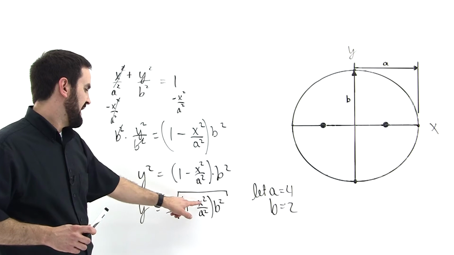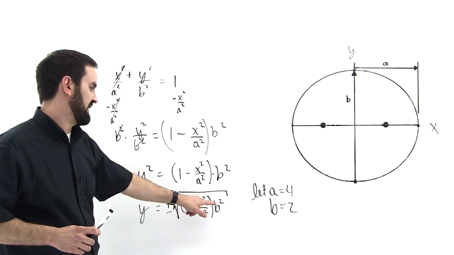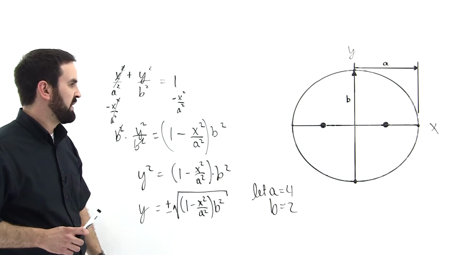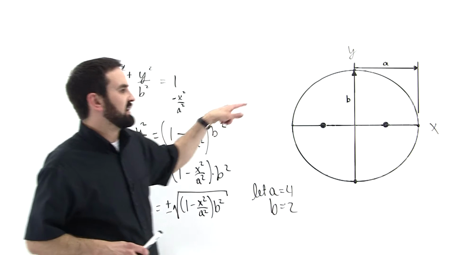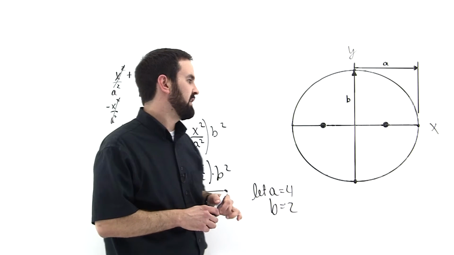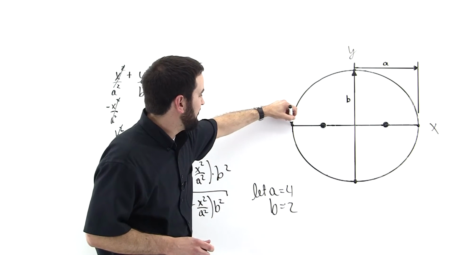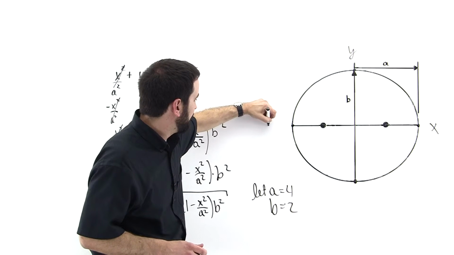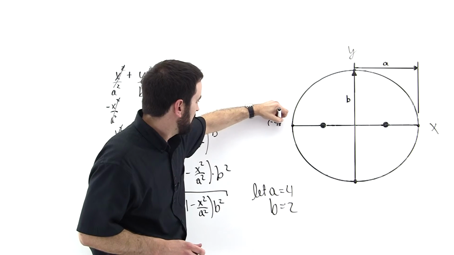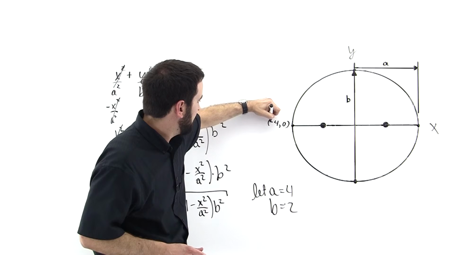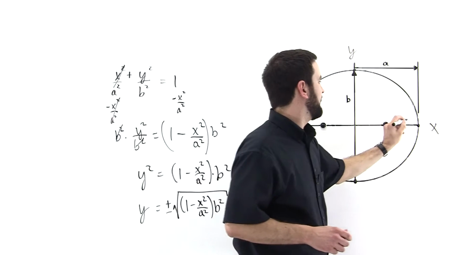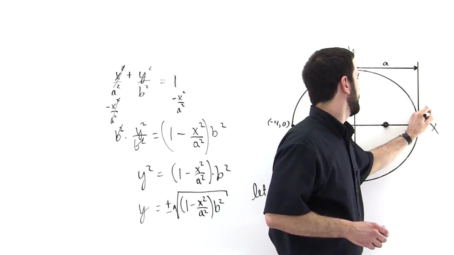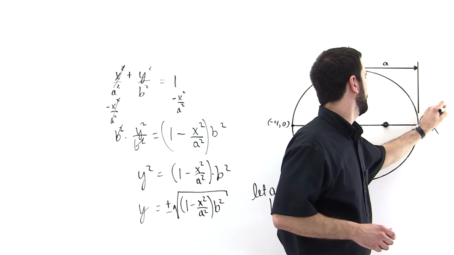So you have x squared over 16, and this will be 4. 2 squared is 4. And you'll see this thing graphed out. And this point on the graph will be negative 4, 0. This point over here will be positive 4, 0.